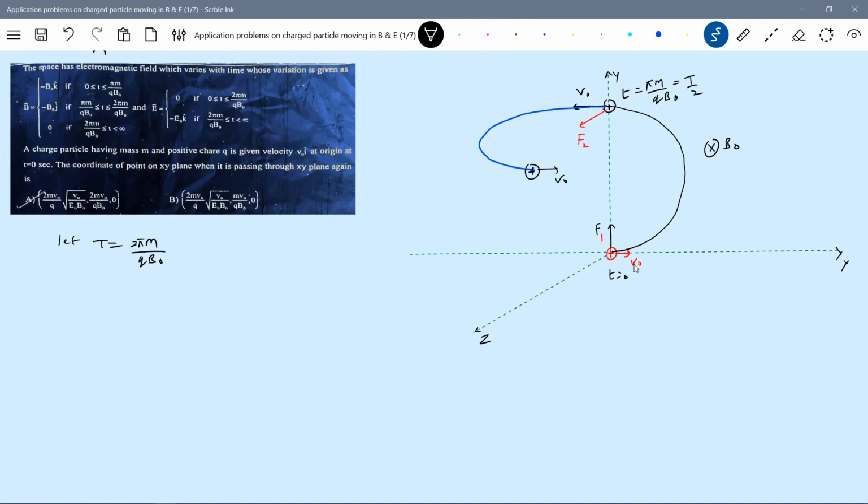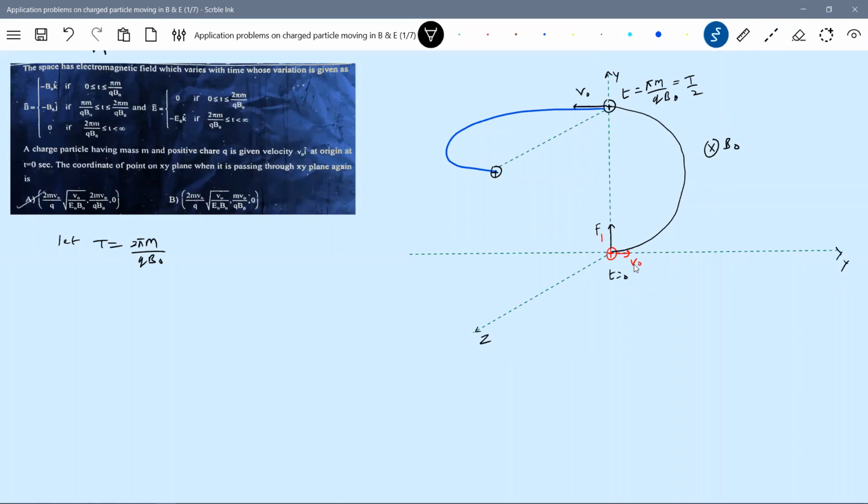Now after this, the magnetic field will be switched off. These are rough diagrams.